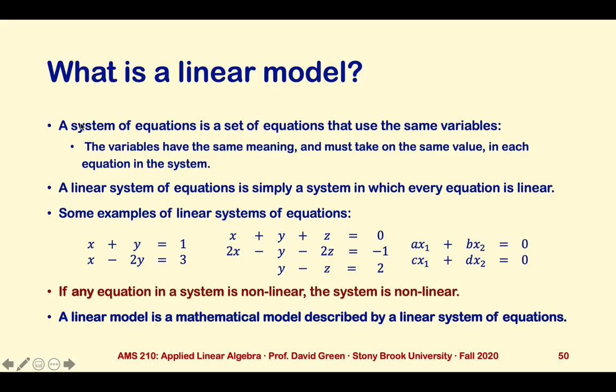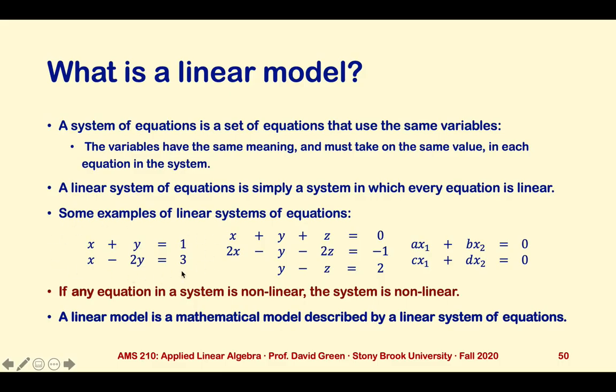A linear system of equations is, once again, simply a system where every equation is linear, which means every term in every equation is linear. Some examples of linear systems of equations are written here.